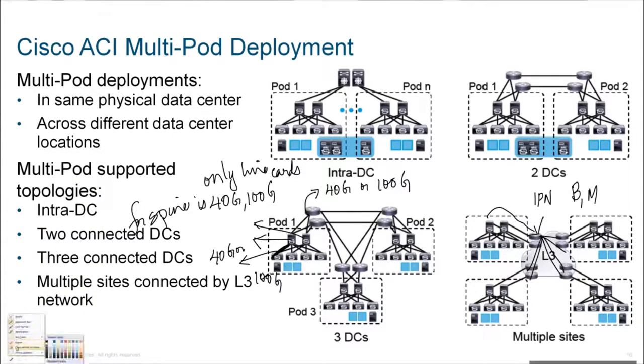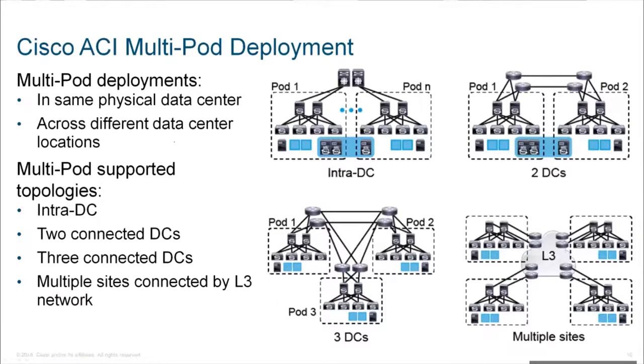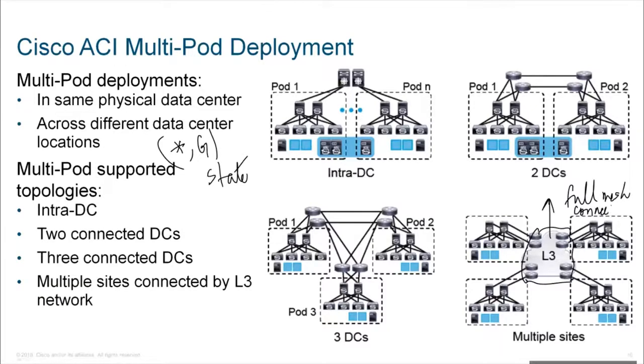They don't maintain the multicast for those groups, for those multicast groups of the bridge domain address. So I have to ensure whichever IPN devices are direct.